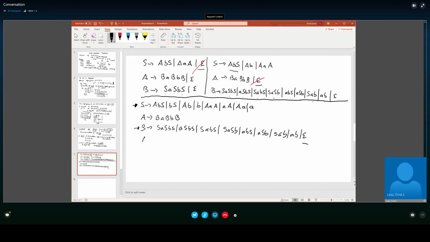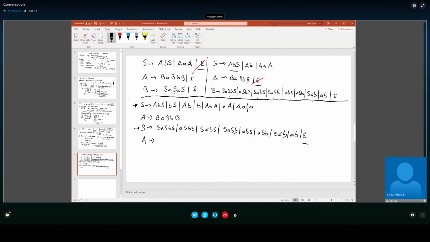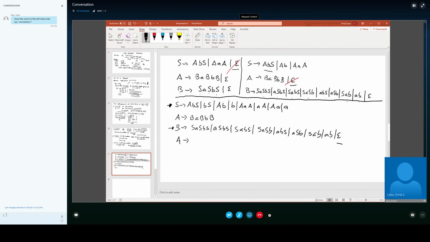But there is obviously a bunch of B's on the right-hand side of the A production, so we have three positions, which means we will have three places where we can either replace it by epsilon or not. And that means that we will have, again, 8 productions.